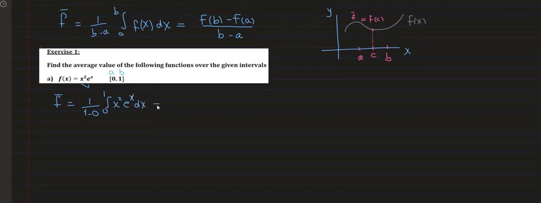Now it turned into an integration problem. 1 over 1 minus 0, that's 1, of course, and we can just rewrite the integral of x squared times e to the power of x dx. Now this integration, if we want to solve it, we will think like we did before. Is it a function beside its derivative?